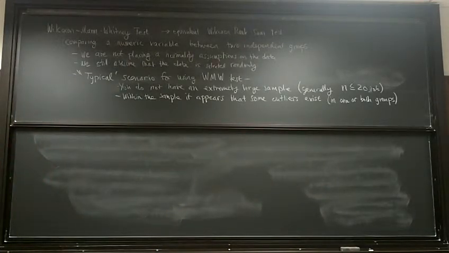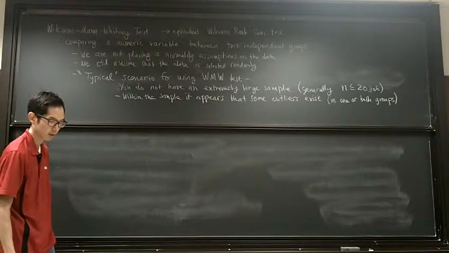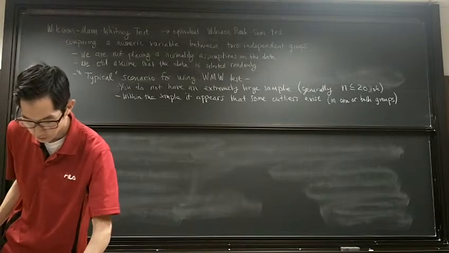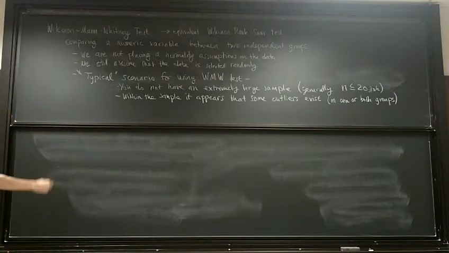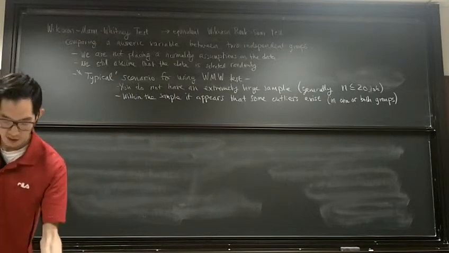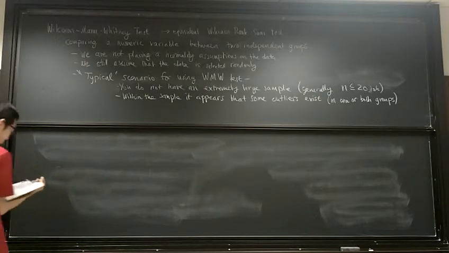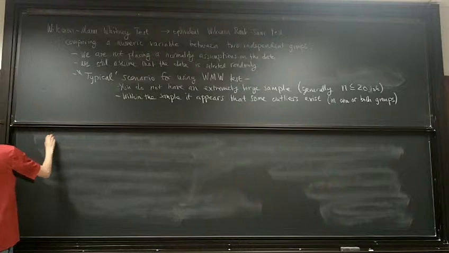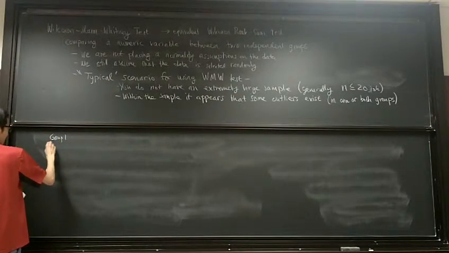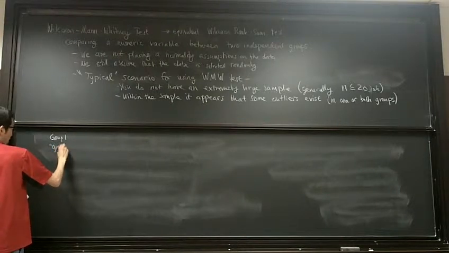Okay, so this is how we do it. Here is the example in the book. Here's group 1, called growth.